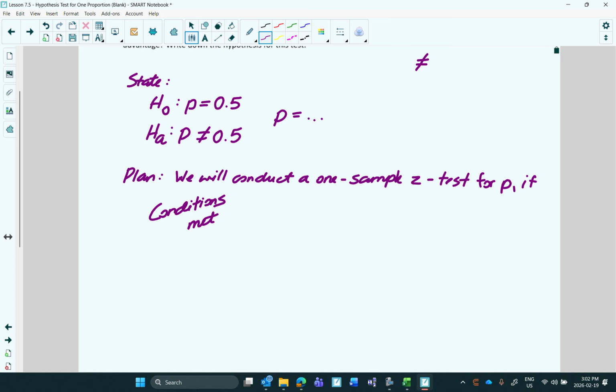We already did that. The do is going to be a little different because we're going to go 1-PropZTest. The null value is still 0.5. The x value is still 49. The sample size is still 88.